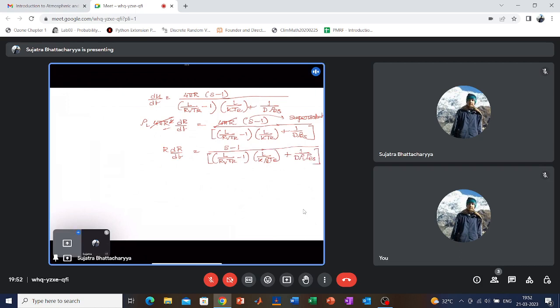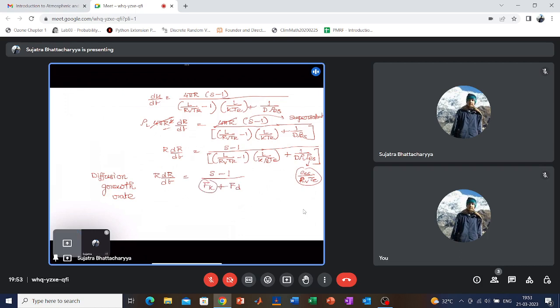Fine. And this rho es can be further written as EES divided by RV into TE. So what we are getting is r dr dt, the diffusion growth rate. What we need to remember from this, not this entire derivation, but this derivation is to make everything clear, is S minus 1 divided by Fk plus Fd.